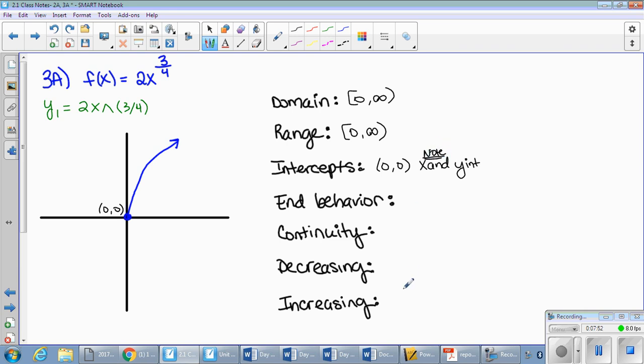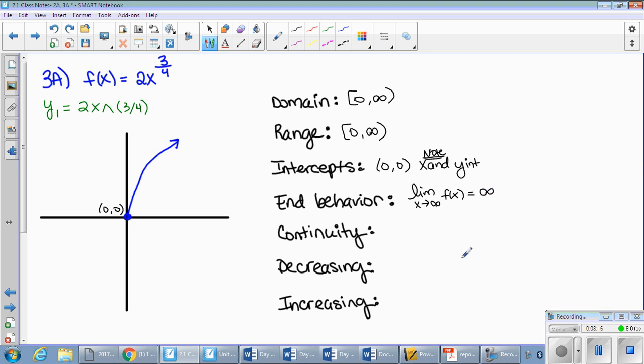End behavior. So let's look at the limit. As x gets really big, so as x goes to positive infinity, what are my y values doing? So here it is, x is getting really big. As x is getting really big, my y values are also getting really big, so it's going to positive infinity.